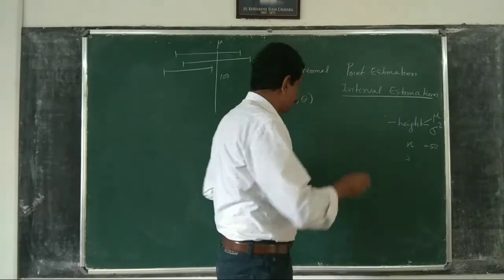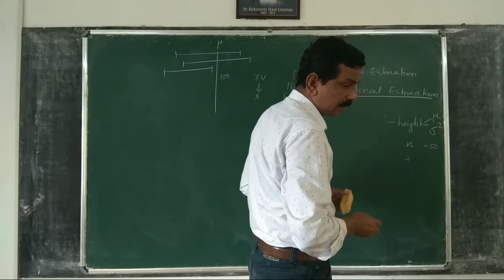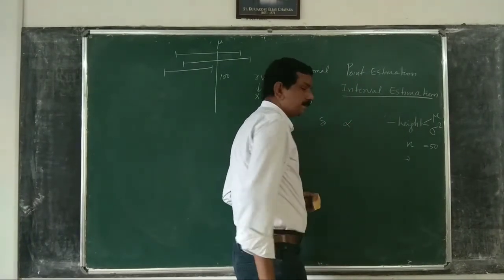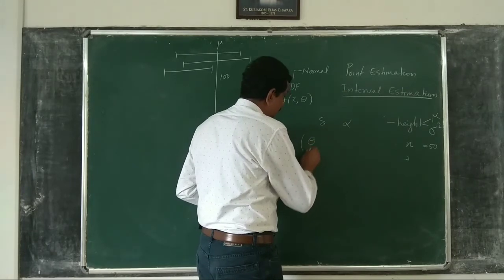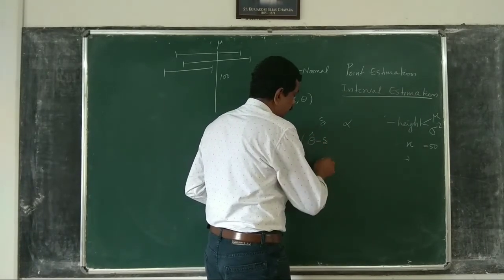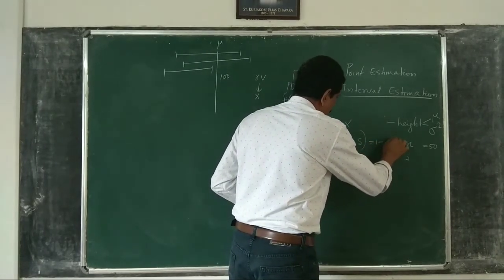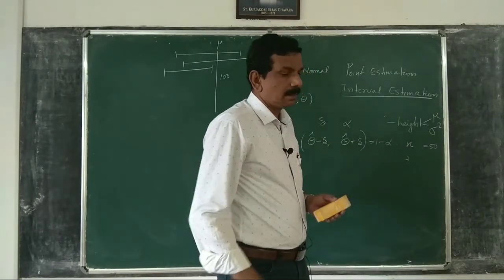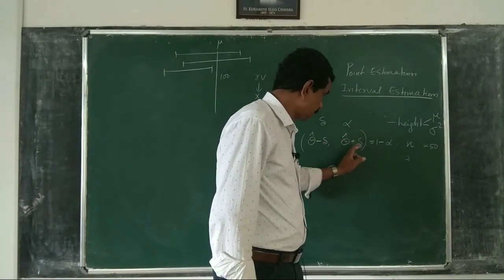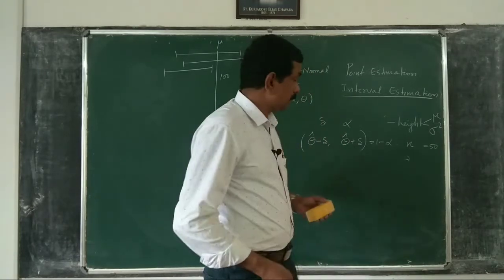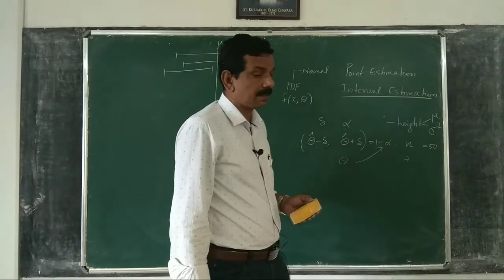For that, we find two positive numbers, delta and alpha, such that the probability that the interval theta hat minus delta, theta hat plus delta contains the true theta is 1 minus alpha.